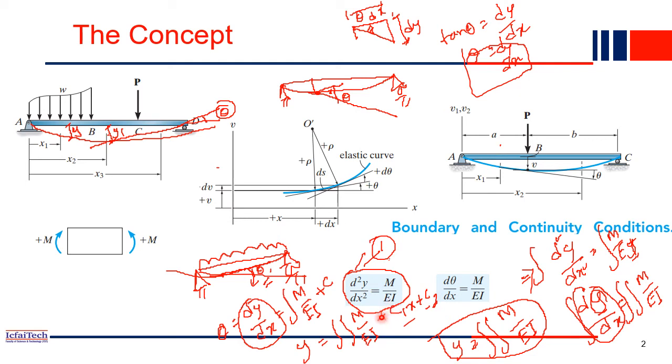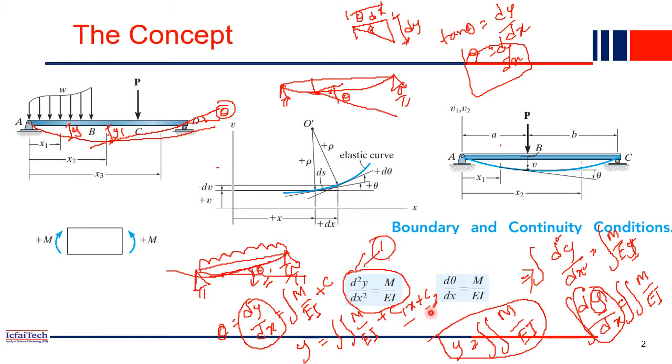So this is your main equation. If you integrate it one time, you get dy/dx, which is theta. If you integrate again, you get y, which is our deflection. When you integrate these two times, you introduce two constants in the equation, C1 and C2.